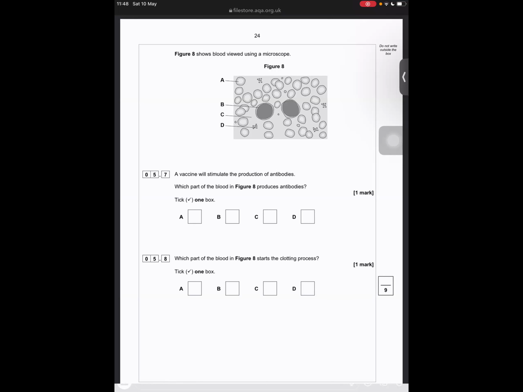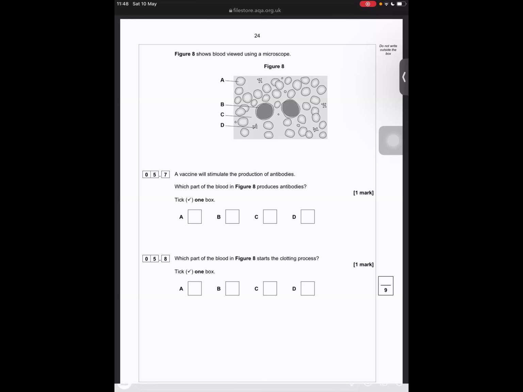It says B for antibodies. Funny enough, B seems to me as if it were red blood cells. Next: which part of the blood in figure 8 starts the clotting process? That would be white blood cells. Sorry, red blood cells.